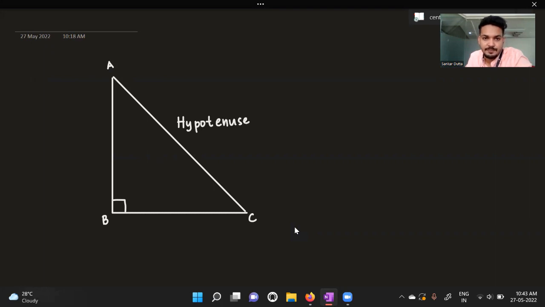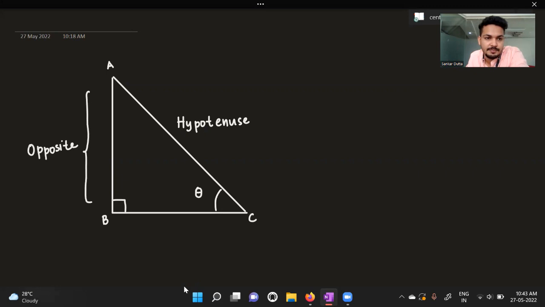We all know this. The angle under consideration here, the angle that we are going to find the trigonometric ratios for, is this angle. I'm going to call this angle theta. The side opposite to this theta, AB in this particular case, we're going to call the opposite side.